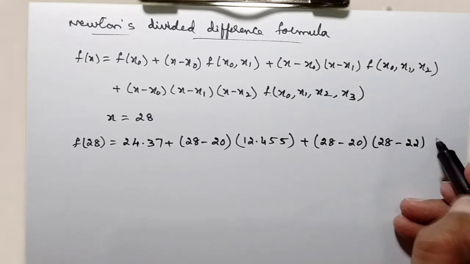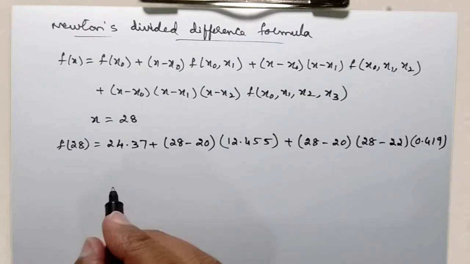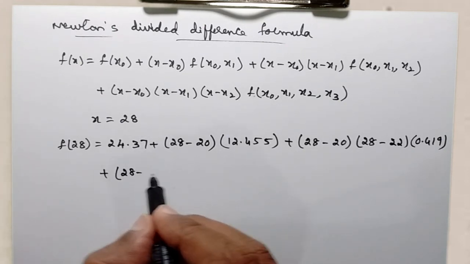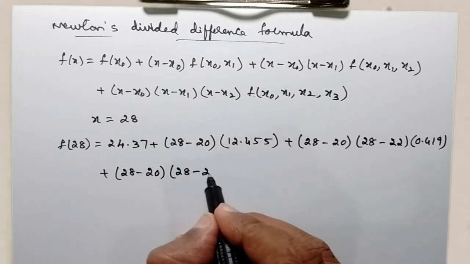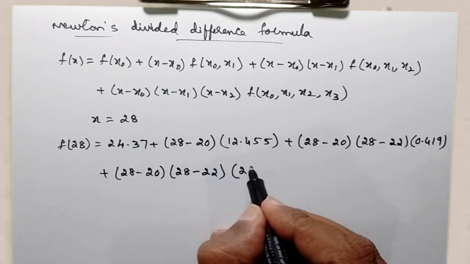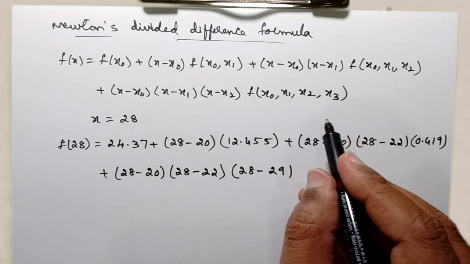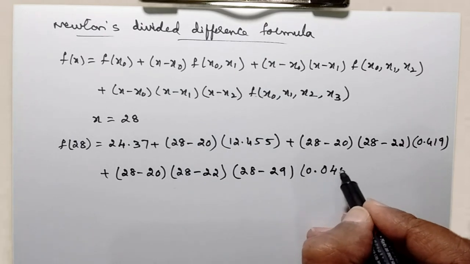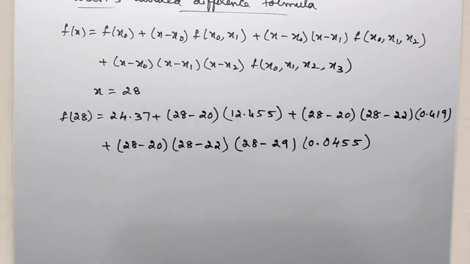See the table, it is 0.419, plus x value minus x0 value is 20, x value is 28, x1 value is 22, x value is 28, x2 value is 29, into the final value that you have got from the table, 0.0455. So you have to just use the calculator and let me know what solution you're getting there.